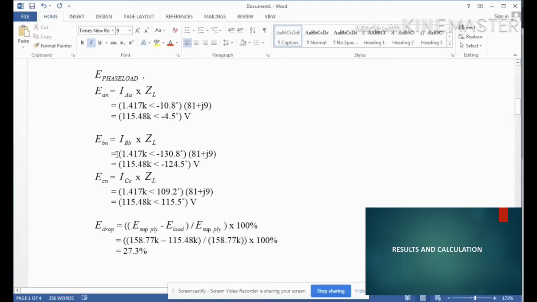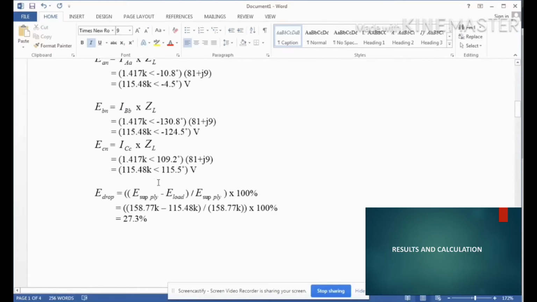For EBN, we multiply IBB with Z load, so the value is 115.48 kilovolt with negative 124.5 degree. For ECN, we multiply ICC with ZL, so the value is 115.48 kilovolt with degree 115.5.